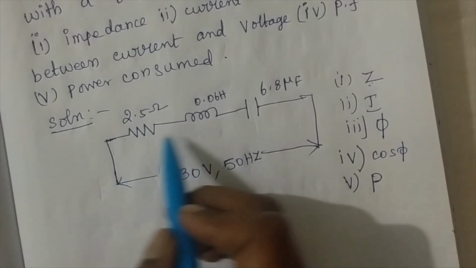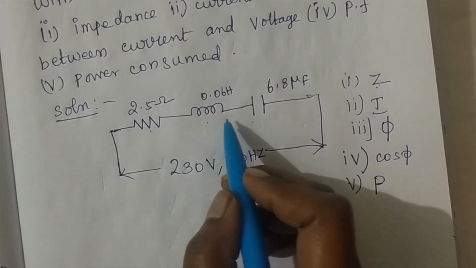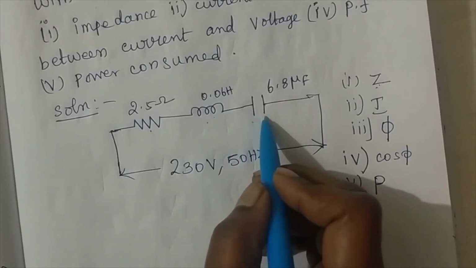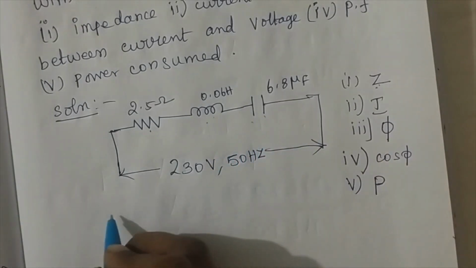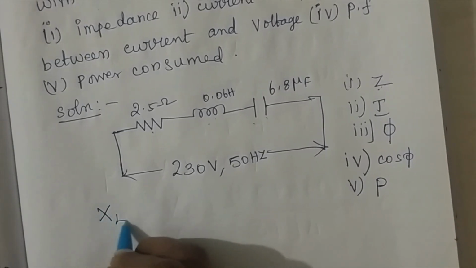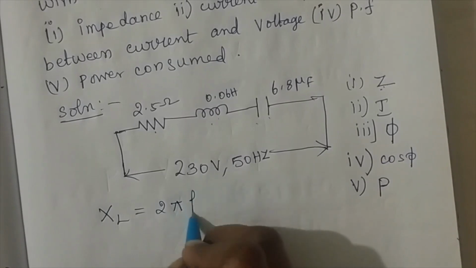Now in this case we have resistance, inductance and capacitance. So we have to find the inductive reactance and capacitive reactance. So for the XL inductive reactance, the formula is 2 pi FL.